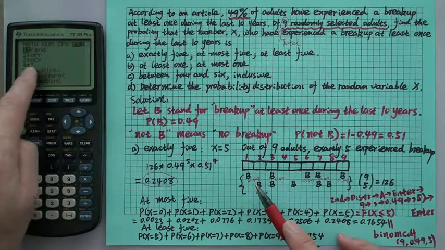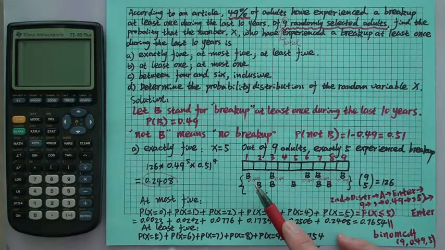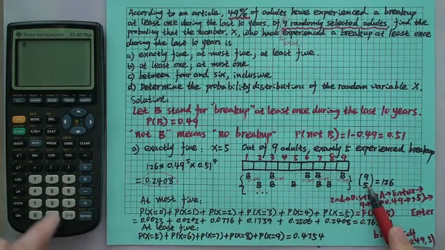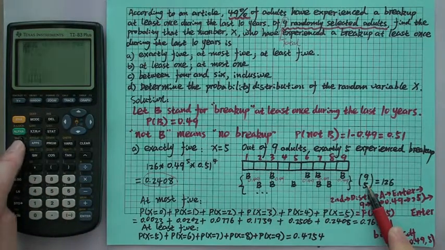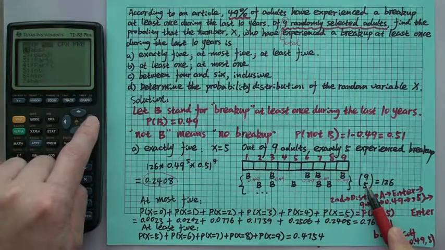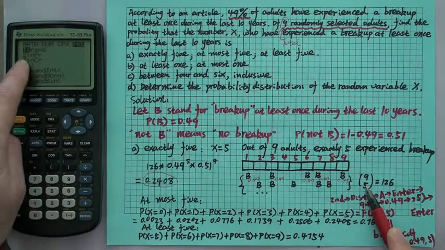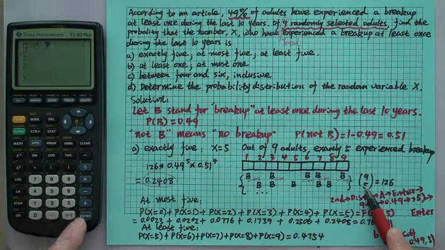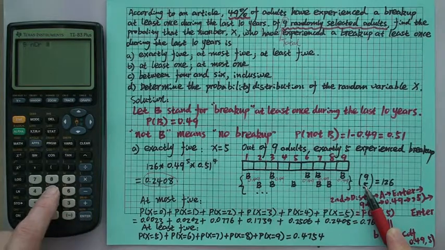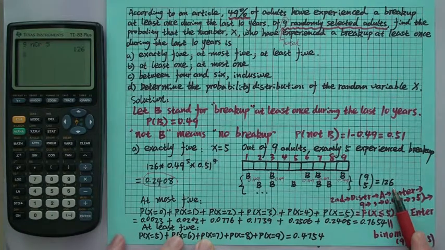That's choose. So the actual steps are: 9, math, highlight PRB, number 3, and then 5, hit enter, and you have 126.